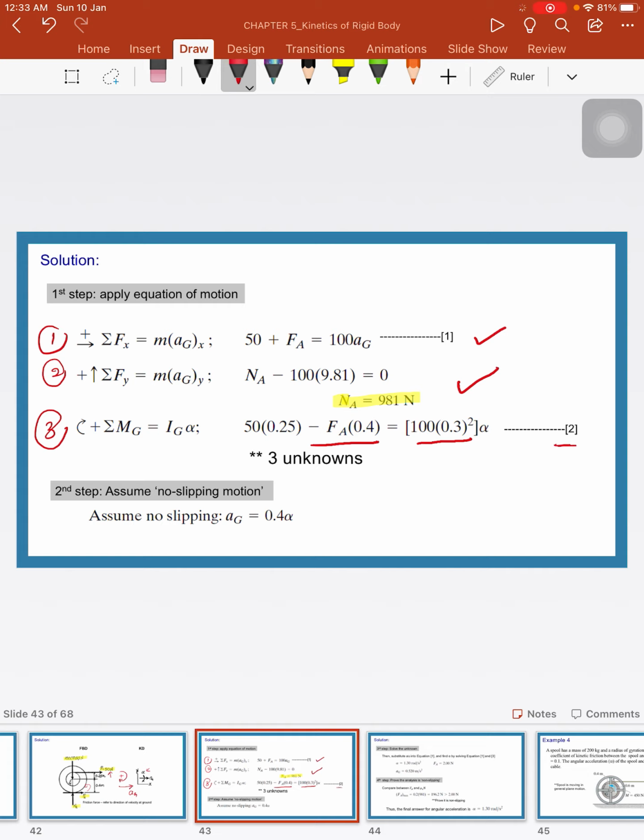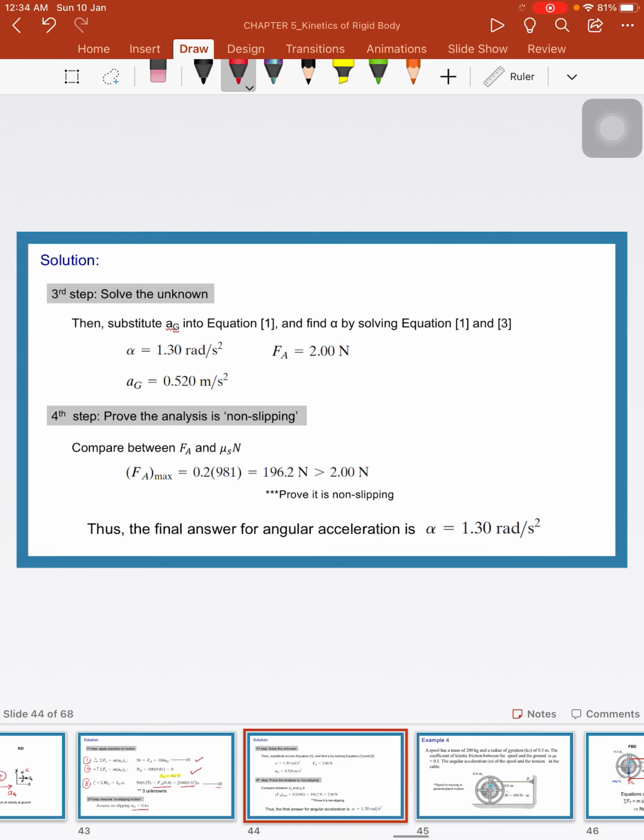Next, assume no slipping motion. When no slipping, Ag equal to 0.4 alpha, which is R alpha. Next, solve the unknowns. Please try by yourself and solve the unknowns, and you get the answer.